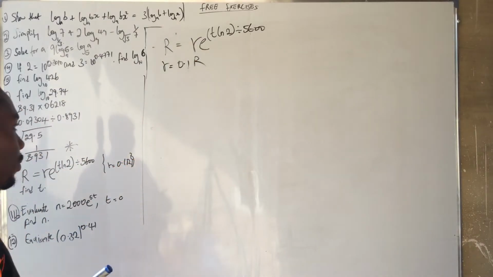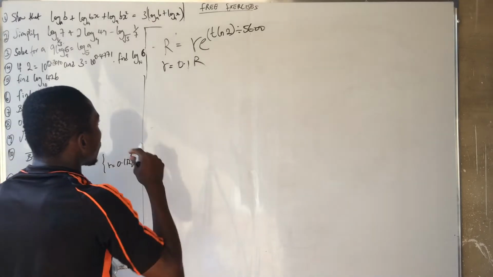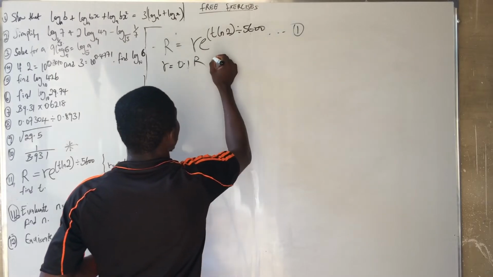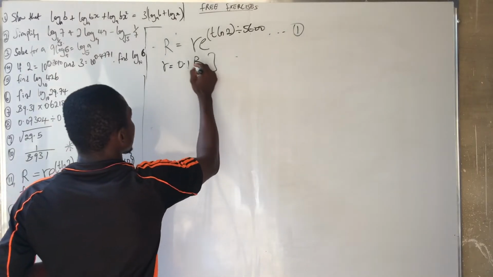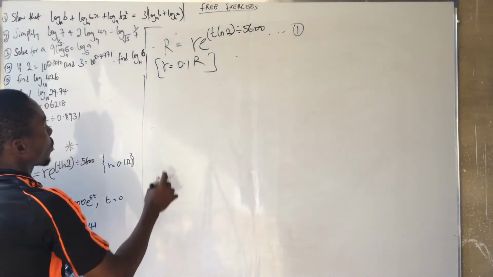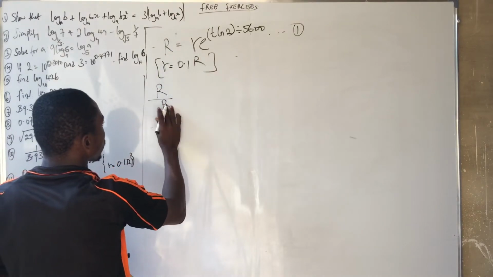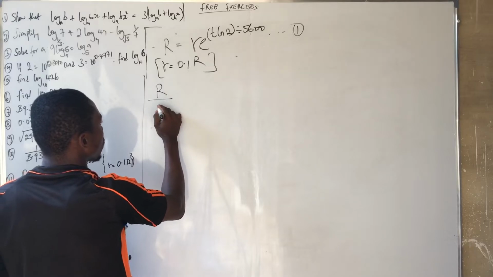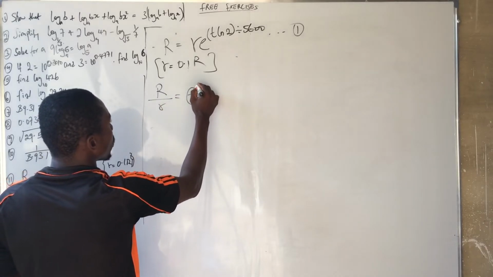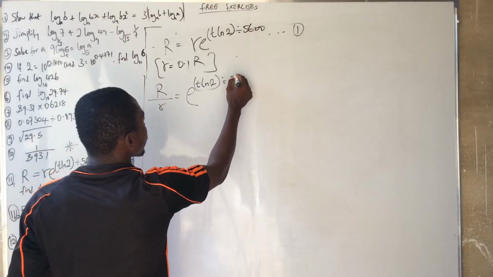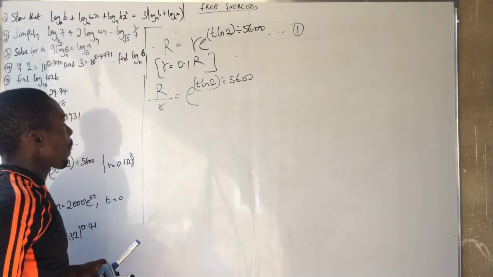Any idea? So from this, let me call this equation 1, and put it in a bracket. From here I'll say that capital R divided by small r is equal to the exponent of t ln 2 divided by 5,600.